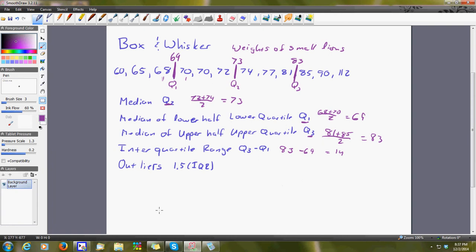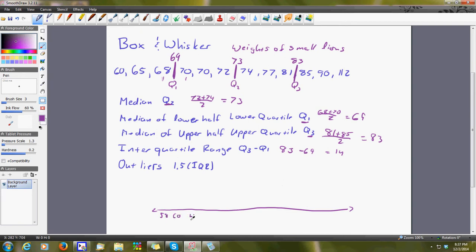So, if I had a number line, and by the way, you always use a ruler, unlike what I'm doing, and you also always use even intervals. All right. So I'm going to have 58, 60.